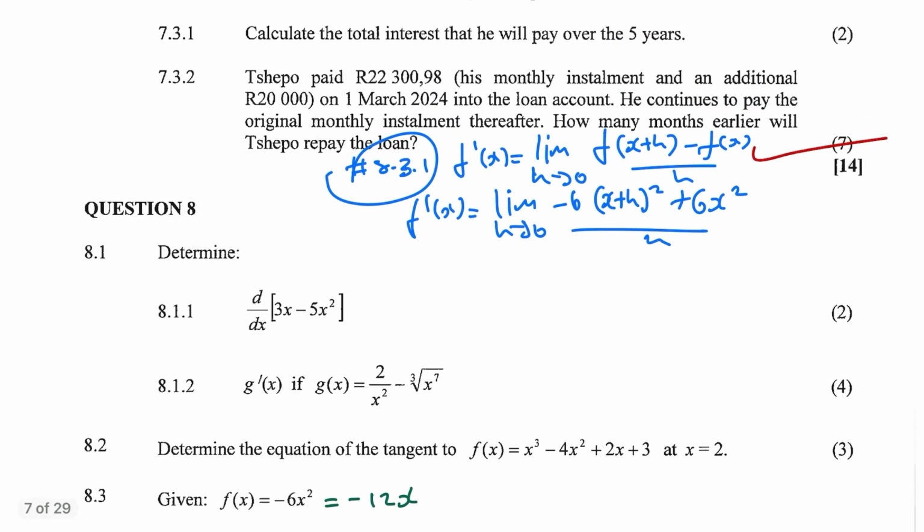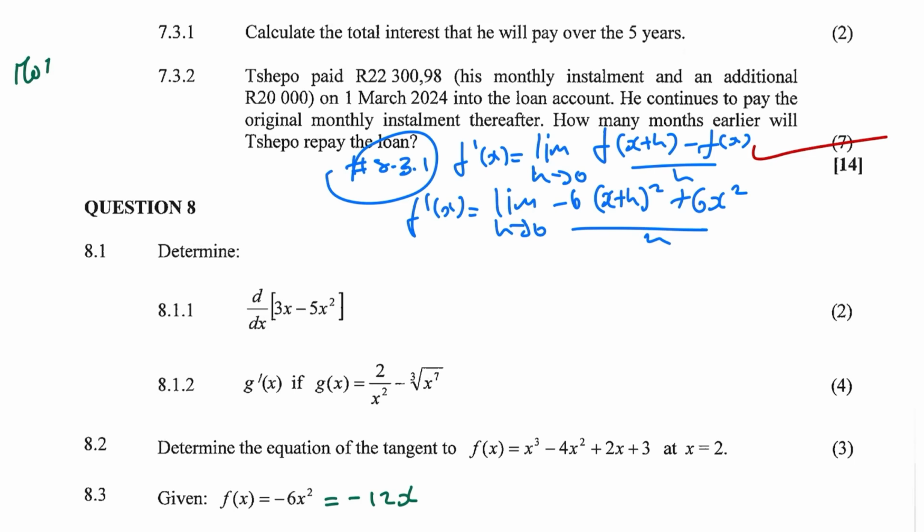And just some notes, I know you know this, but if you don't, I got you. If you have (a plus b) squared, this can be written as a squared plus 2ab plus b squared. So we're going to do the same thing here. Just pause and figure out what the answer is.